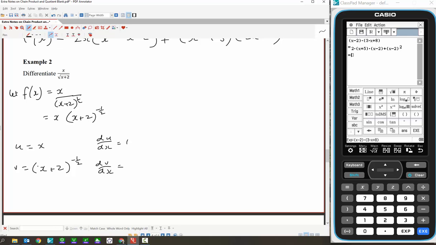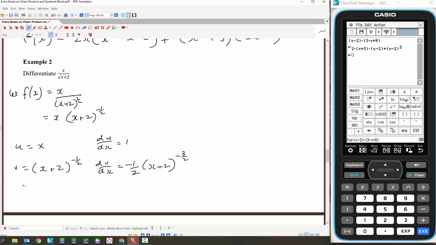So again, I'm going to use my quick method, which is negative a half gets written down, x plus 2, so the inner gets written down. This goes down by 1, or negative down by negative 2 on 2. So that becomes negative 3 on 2, multiplied by the derivative of the inside. Now the inside of that is 1. So times 1, but don't need to.